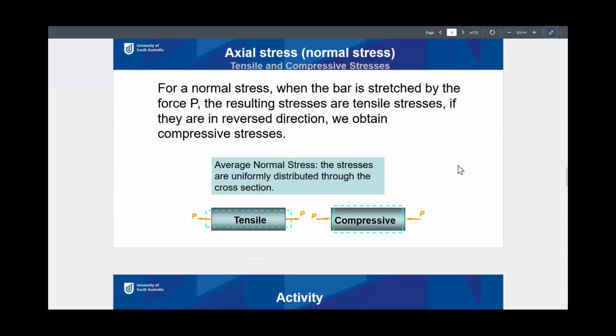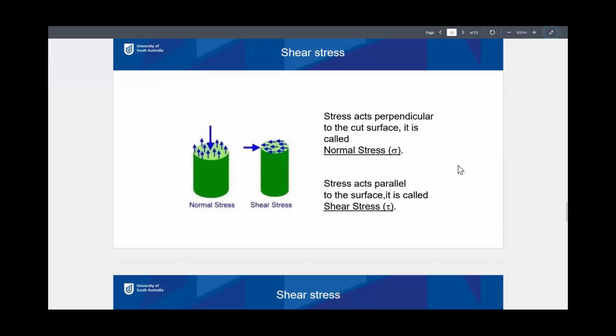Okay. So actually in our course we have two types of stresses, normal stress and shear stress. The normal stress is sigma, shear stress is tau. So I will start sharing my screen.